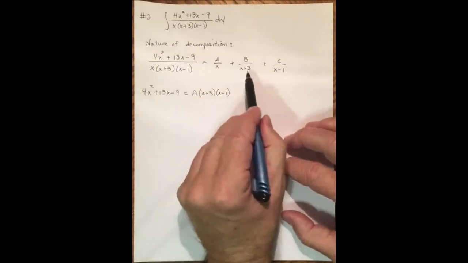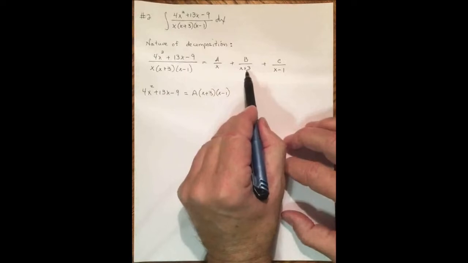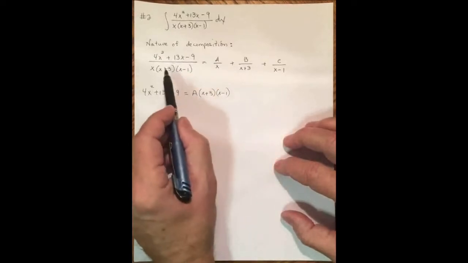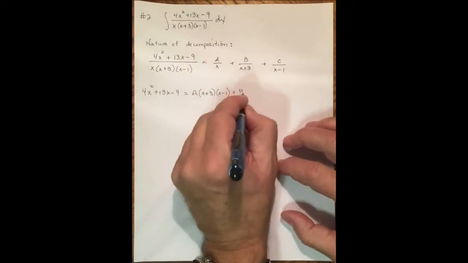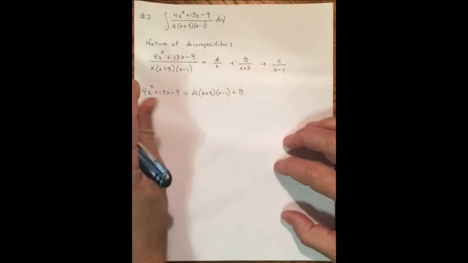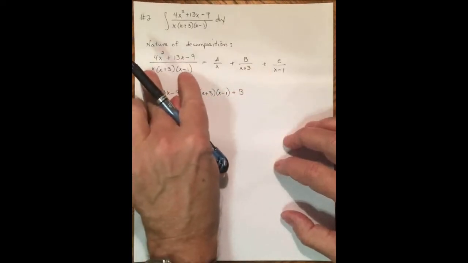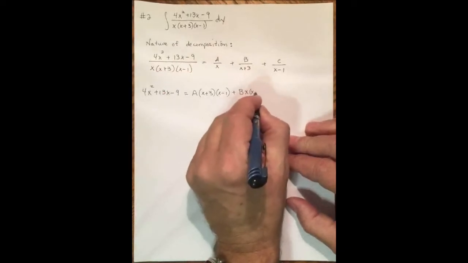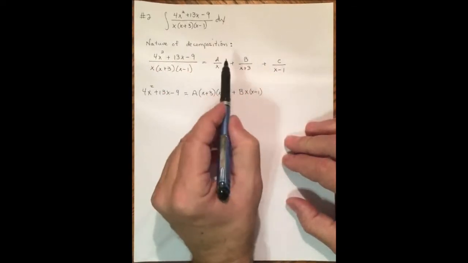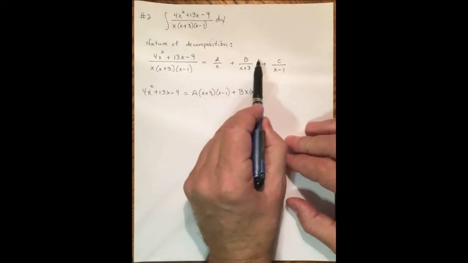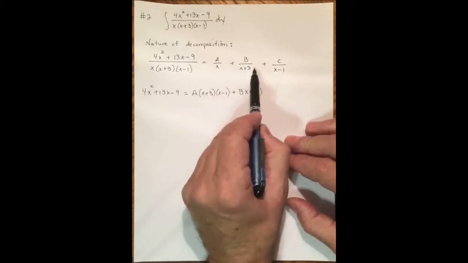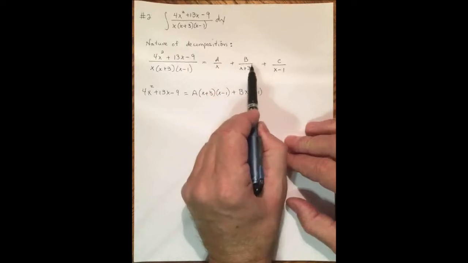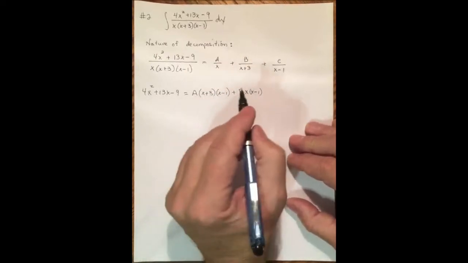And similarly, for the middle term, I want to make x plus 3 look like this. So I would need to multiply top and bottom by the two that are missing, x and x minus 1. So I get b times x minus 1. And again, what we would have is x times x minus 1 divided by x times x minus 1, which is a fraction equivalent to 1.